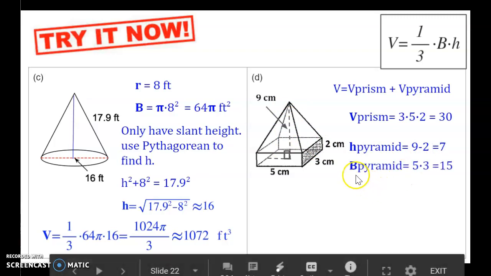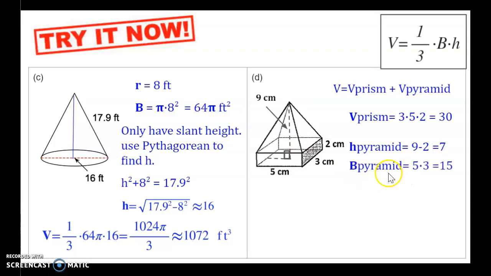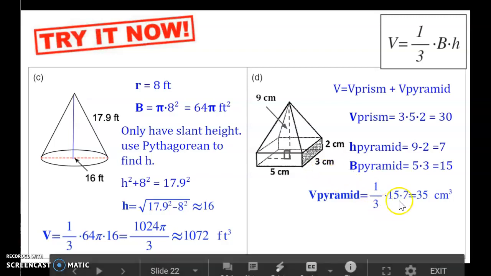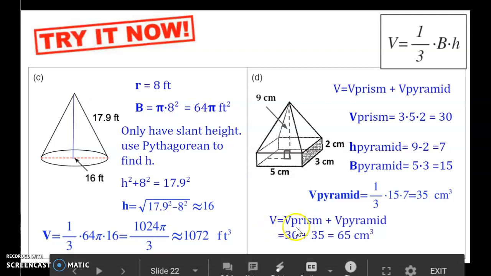So from here, base area of pyramid is going to be same as the base area of the prism, 5 by 3. And volume of the pyramid is going to be again a third of 15 times 7. And then to find the total volume, you're going to add the volume of the prism plus volume of the pyramid, which comes to 65 centimeters cubed.